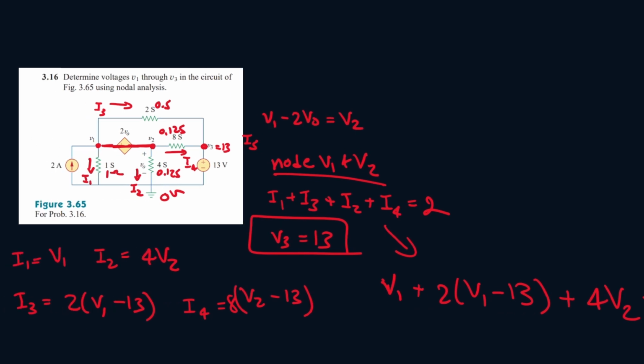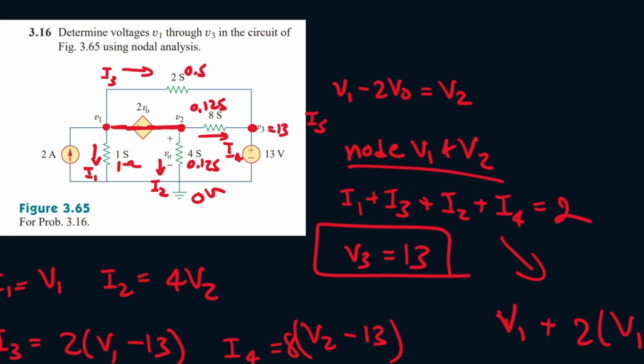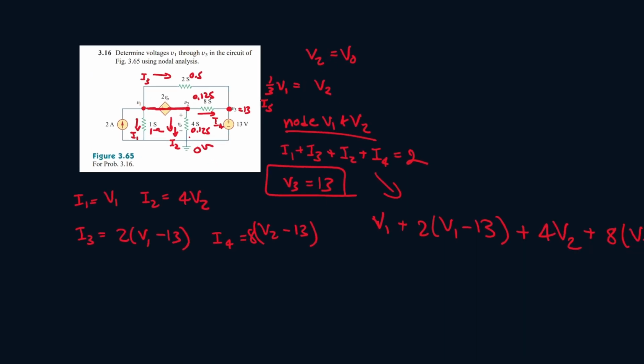So we have to find a way to get rid of that VO, but we already know what VO is going to be equal to. VO is equal to V2. Because V2, as it moves downwards, experiences a voltage drop of VO, and then it equals 0. So V2 minus VO has to equal 0, and that means V2 is equal to VO. So this is V2. Bring it to the other side. This is equal to 3 V2. Divide both sides by that. This is what V2 is equal to, 1 over 3 V1.